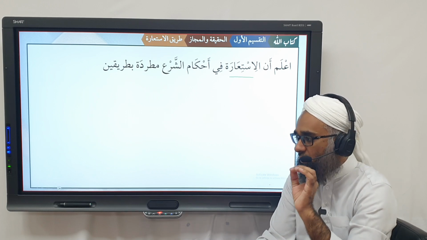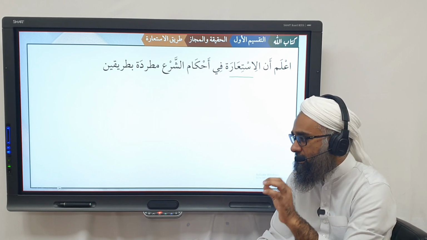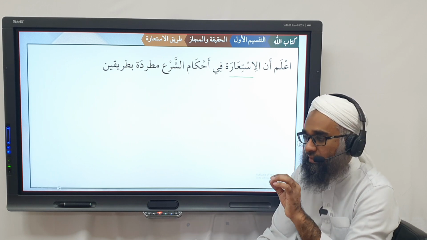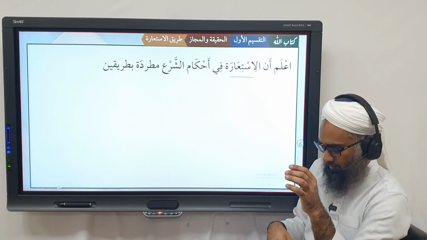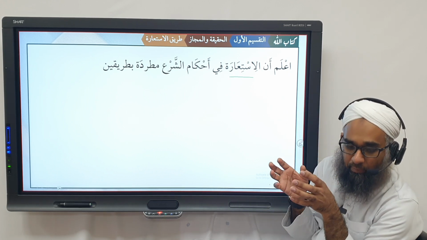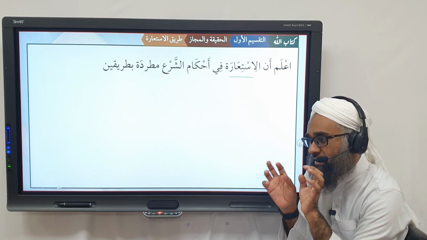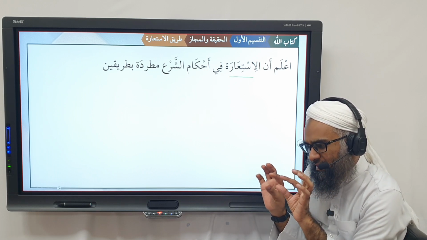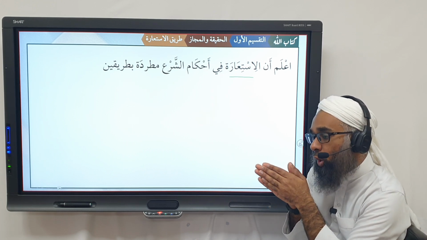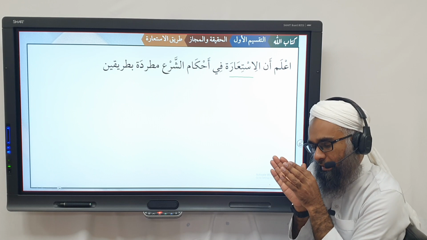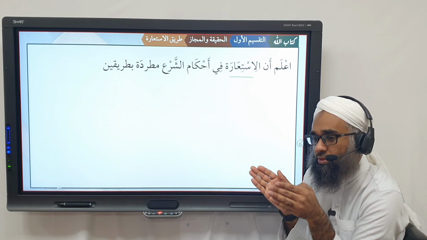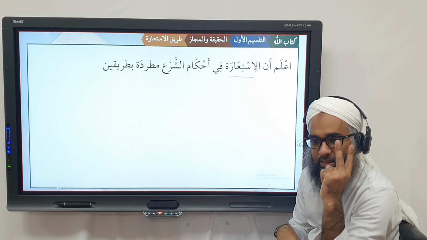So any non-haqiqa word. "I'lam anna al-isti'ara fi ahkam al-shar' muttarida bi-tariqatayn." That in shari'i rulings, the isti'ara is muttarida, meaning it is a fixed rule, common in two ways. Meaning, in shari'i rulings, in fiqhi rulings, isti'ara can be used in two ways, meaning the two alaqas basically.